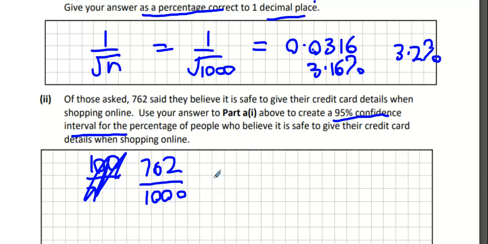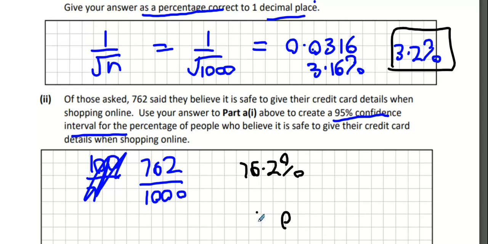Now, this means that 76.2% of people from this survey believe that it's safe to do so. Now, please remember there's a margin of error of 3.2%. So that means that we have to add it on and take it away from this.